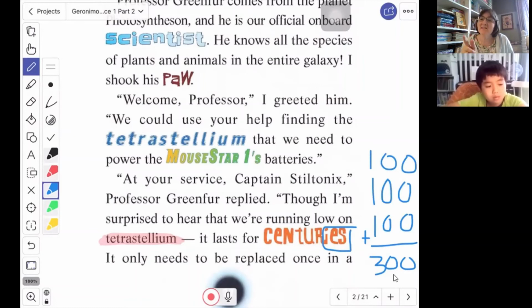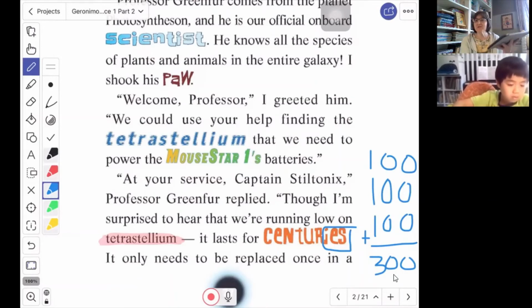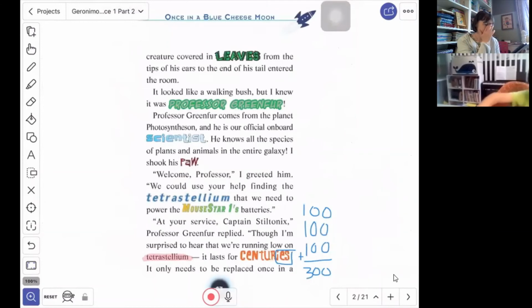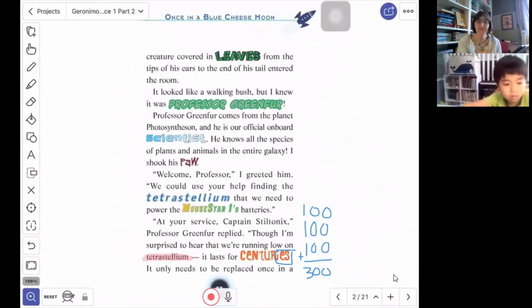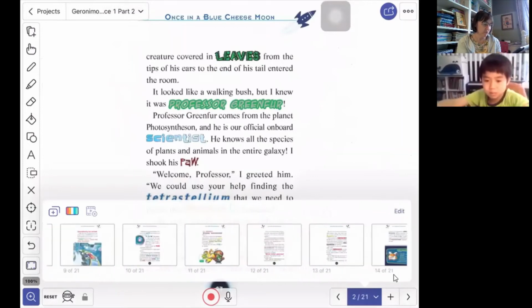If it lasts that long, then does it really make sense what Grandfather said? He said they're running out of Tetrastellium, and because they're running out, the engine's going to explode. And Greenfur is saying, well, that doesn't really make sense because Tetrastellium can last for centuries. So I think there's a little bit of a mystery here. I think that we have to remember this page when we come near the end of the story.